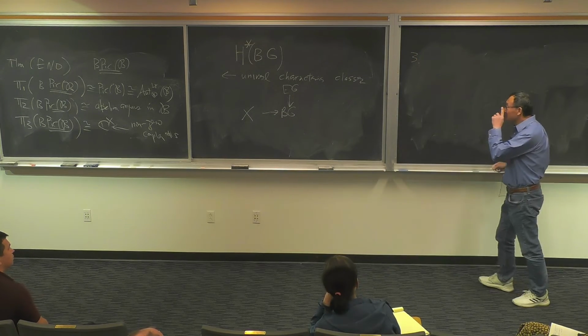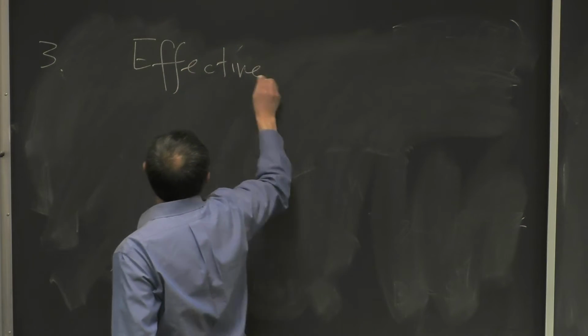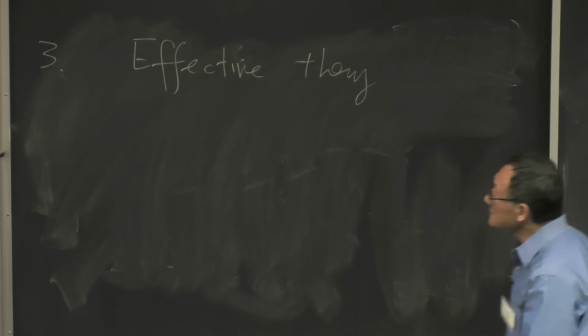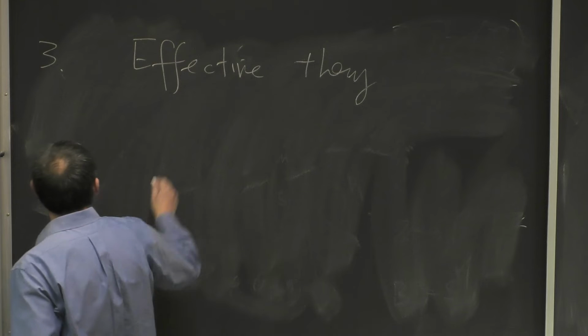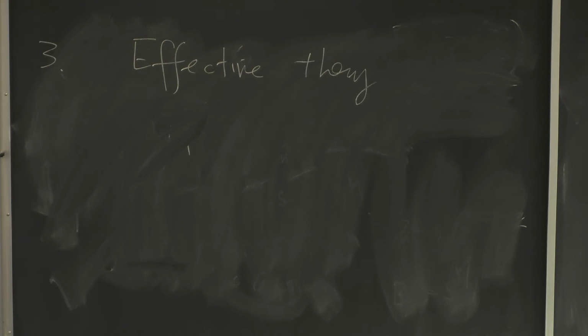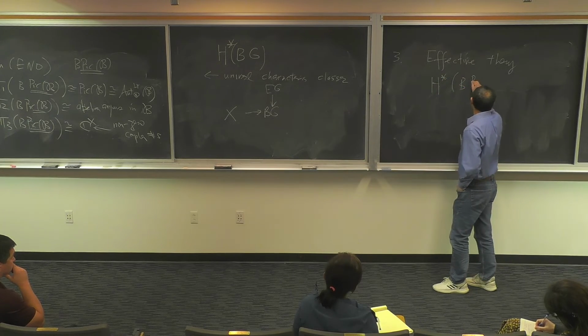So this is the effective theory approach. What I want to do is basically understand the cohomology of B Picard.